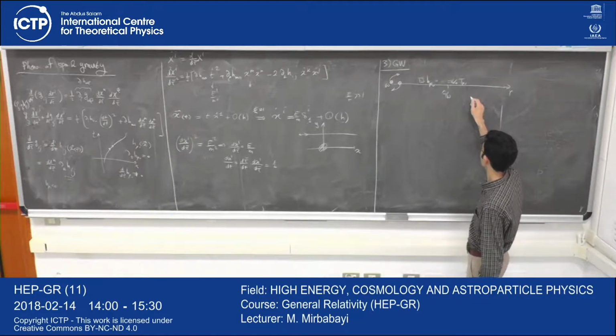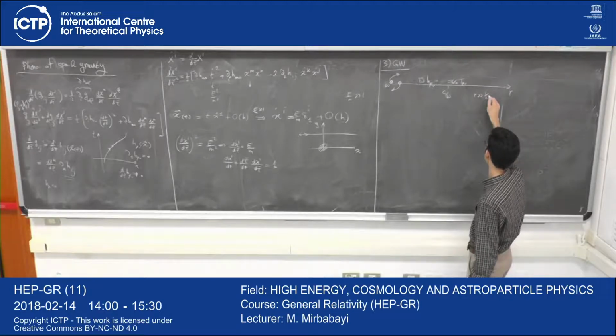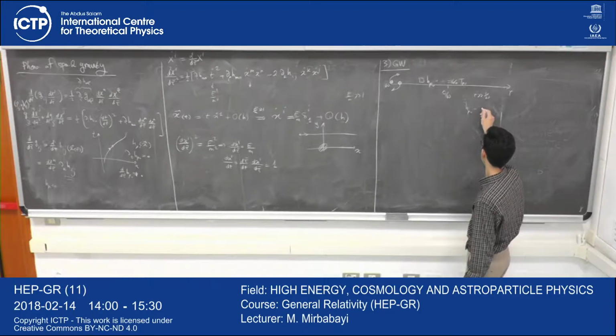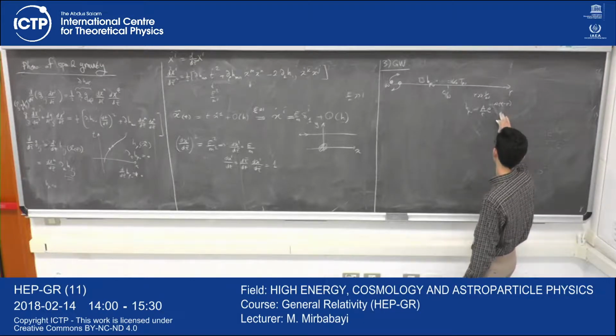And when r is much larger than this 1 over omega, then we have a solution for h mu nu that goes like A over r e to the minus i omega t minus i.